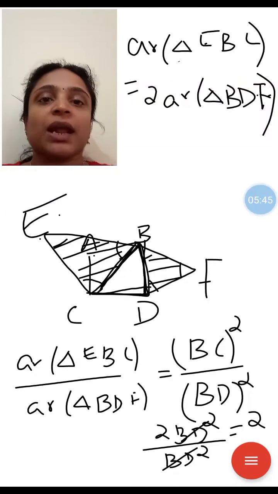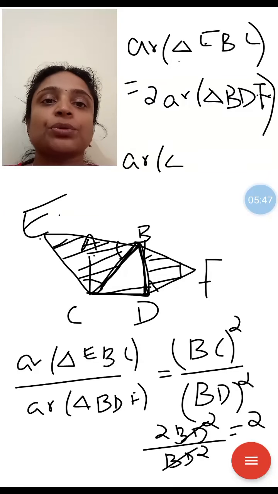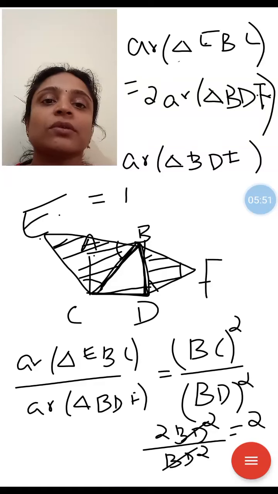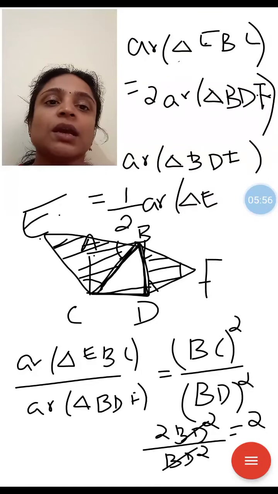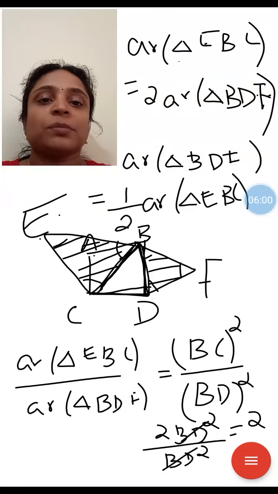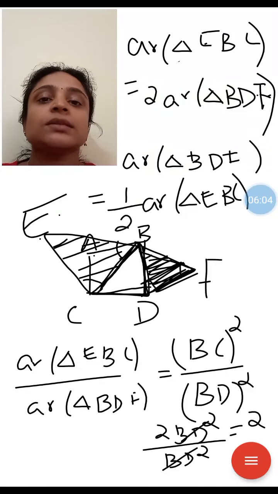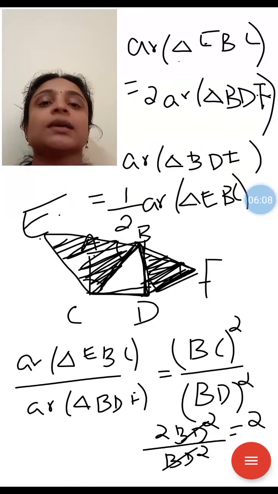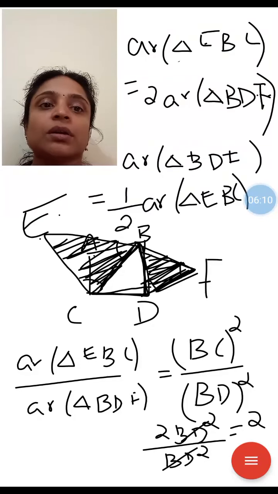Area of triangle BDF equal to half of area of triangle EBC. Hence, this area of triangle BDF, this area is half of area of triangle EBC. Hence, proved. Okay, understood?